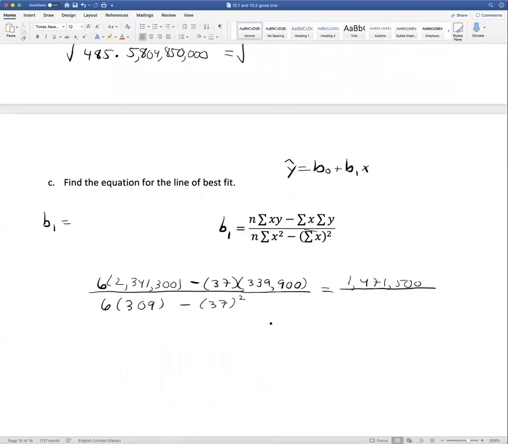So 6 times 309 minus 37 squared gives us 485.